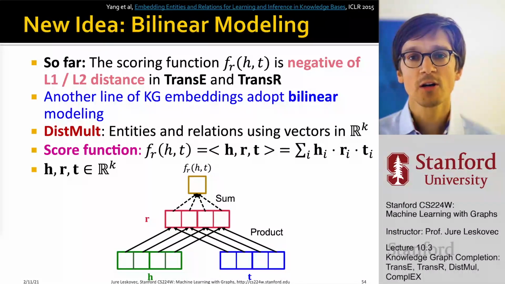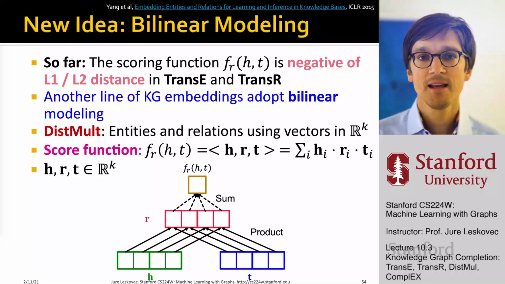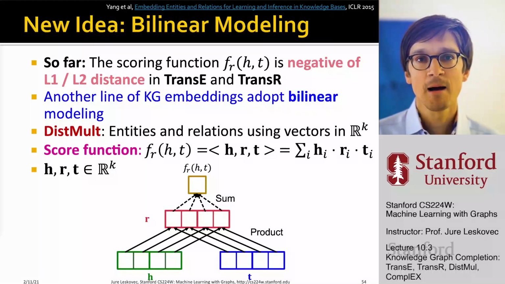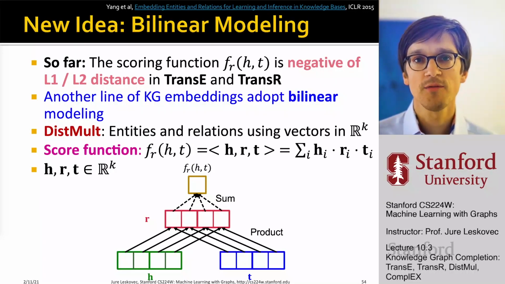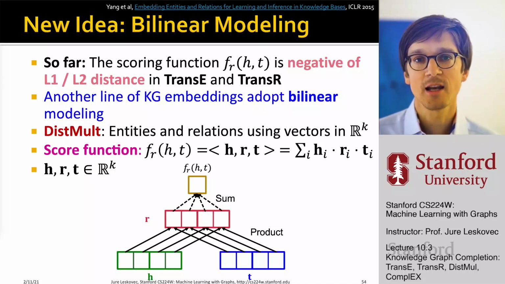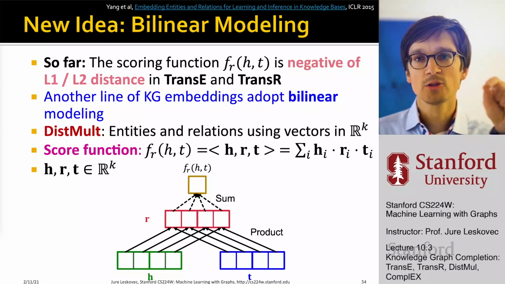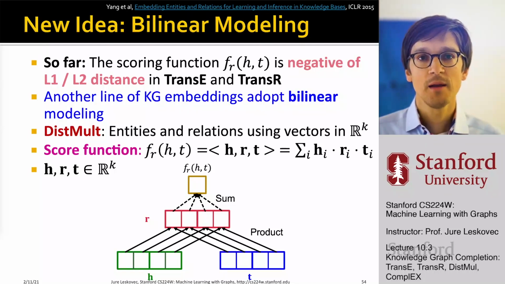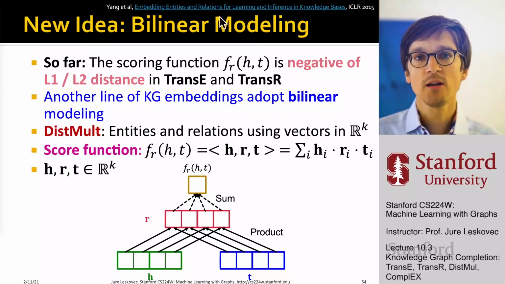So let's now talk about the third method, which is based on what is called bilinear modeling. So far we were using the scoring function simply as a distance in the embedding space. Like in TransE and TransR, we said the head plus relation should be close to the tail. But now, what if we change the way we are scoring different relations?